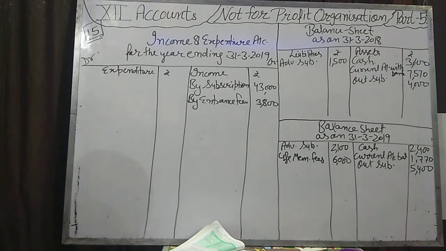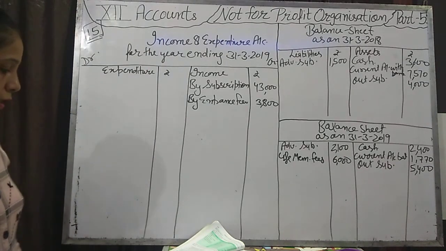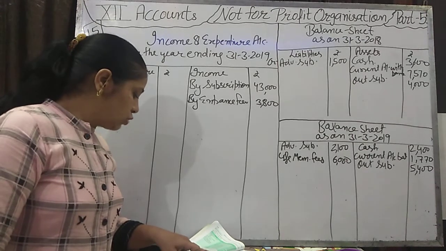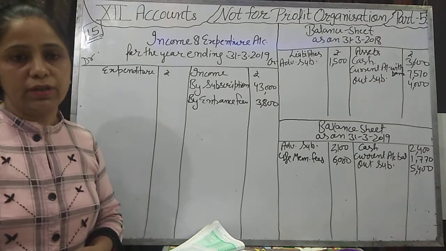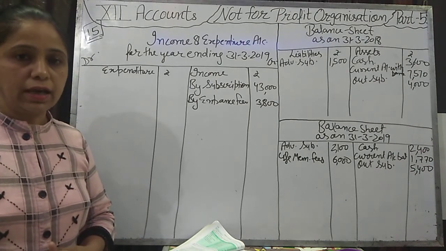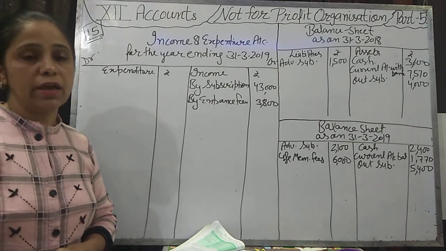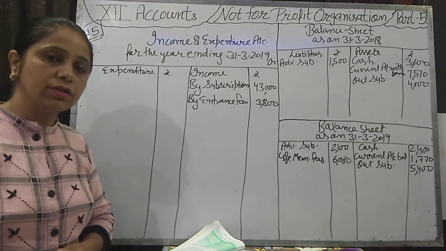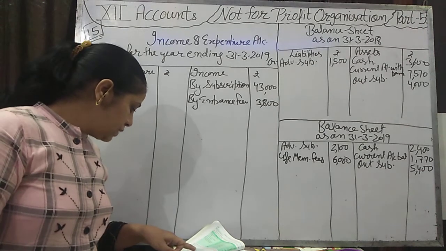Now interest on investment, this is our income. We have received 200. If anything is given about the percentage of interest on investment, then we have to check whether we have received total interest or not.